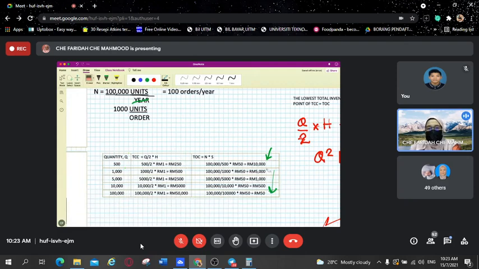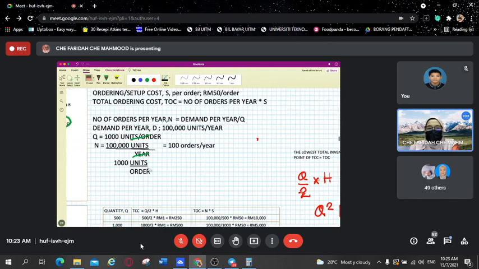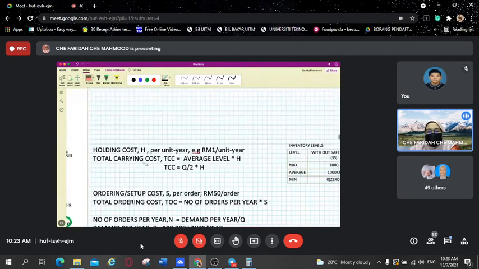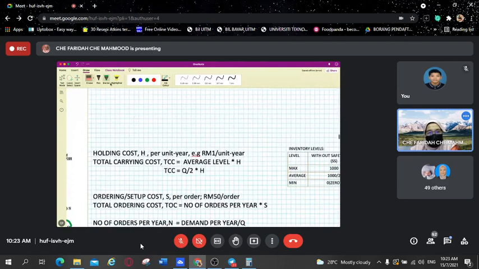Sekejap, ini benda yang kena faham. Holding cost ni ialah dalam bentuk per unit basis. What is the cost that I need to carry one unit?